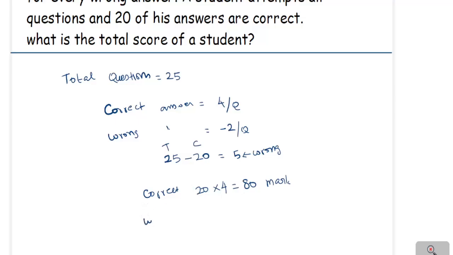Wrong answers: the number of questions is 5, and the marks are minus 2 each, so minus 10. Just add these. So 70. The total marks he obtained is 70. So the answer is 70.